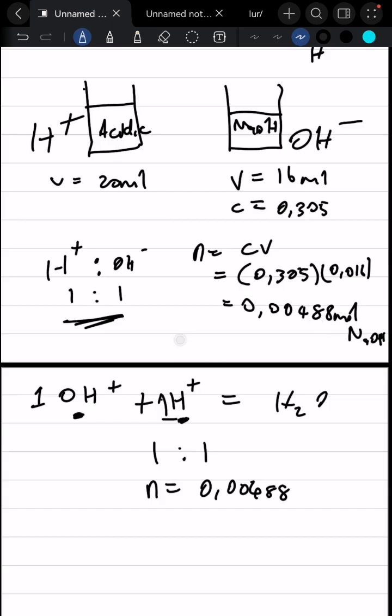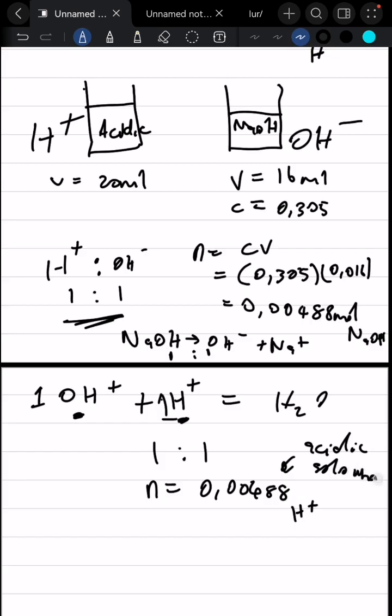Sodium hydroxide dissociates into OH minus plus Na plus, and the ratio is 1:1 for sodium hydroxide and hydroxide ions. So the number of moles of hydroxide ions I take from sodium hydroxide will be equal to the hydronium ions, because the ratio is 1:1. Whereas this is for the acidic solution.